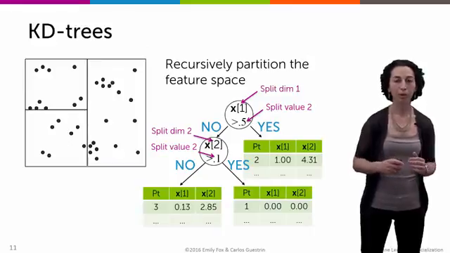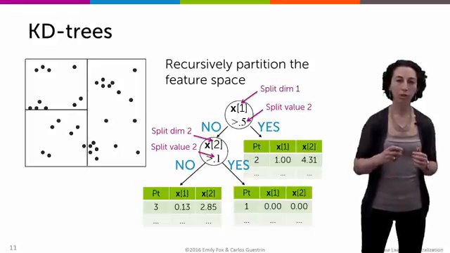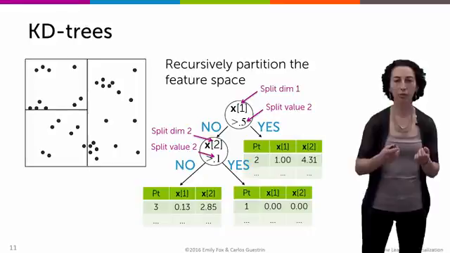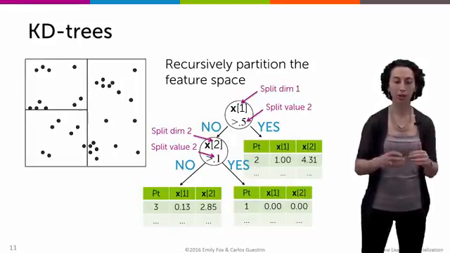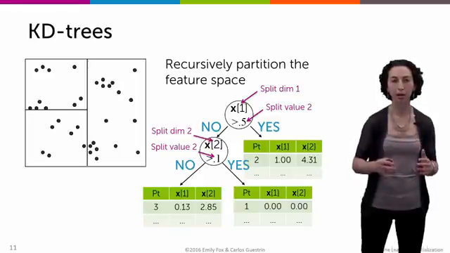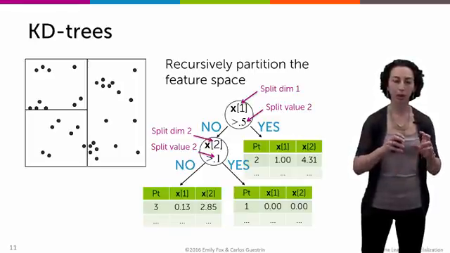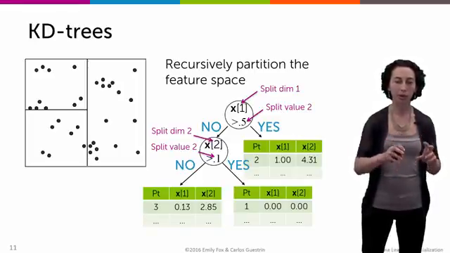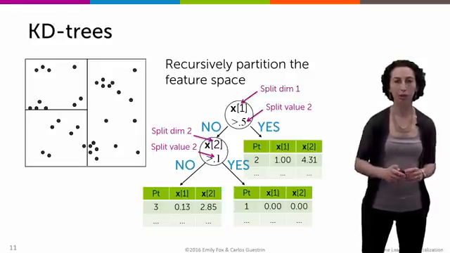So instead, what we talked about first was an idea of using something called KD trees as an efficient data representation, where KD trees recursively partition our feature space to create a binary tree, and where the data points are stored at the leaves of this tree.